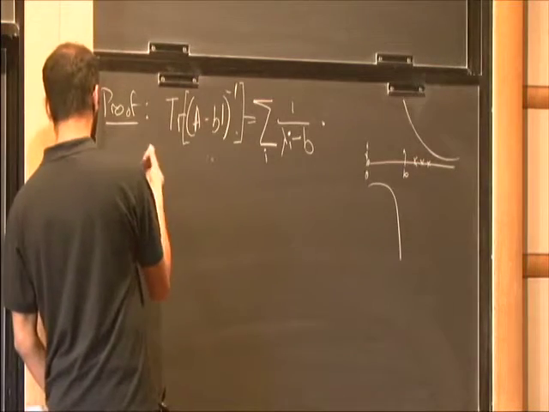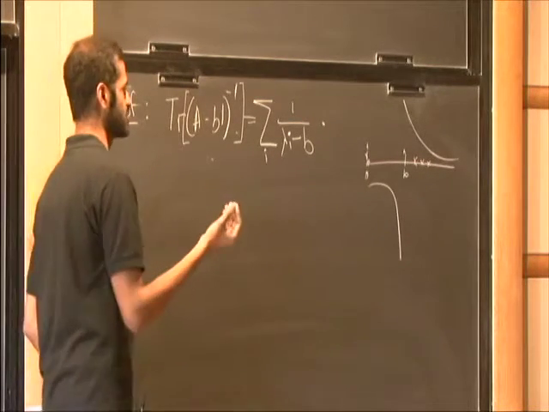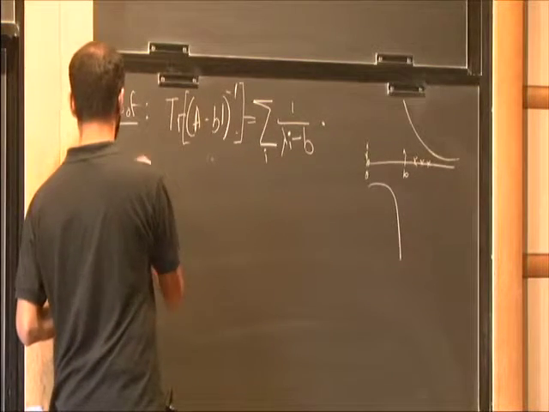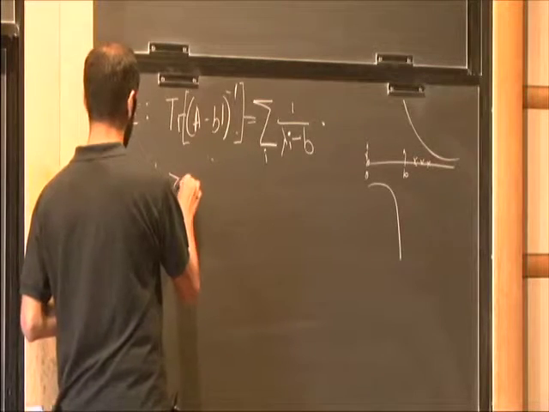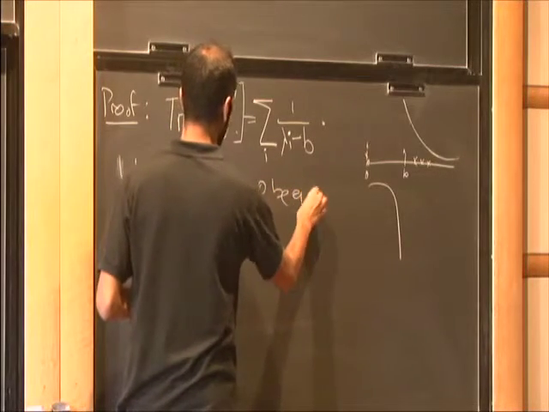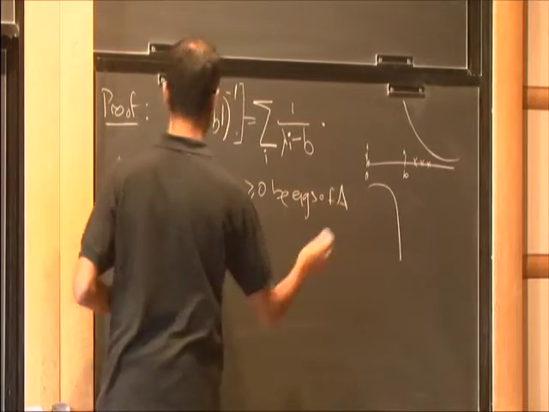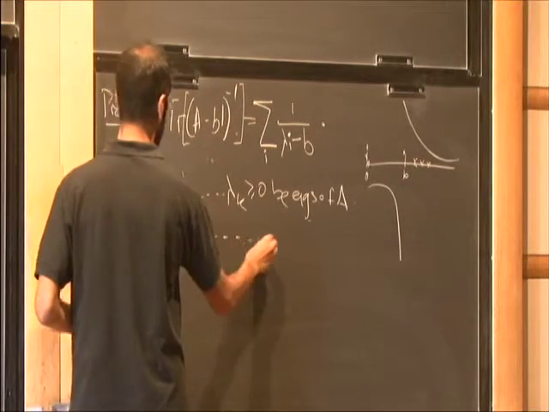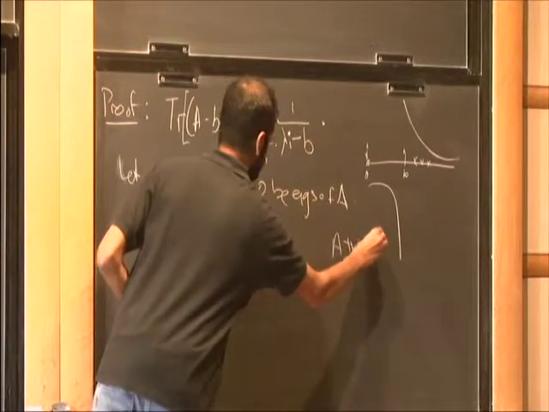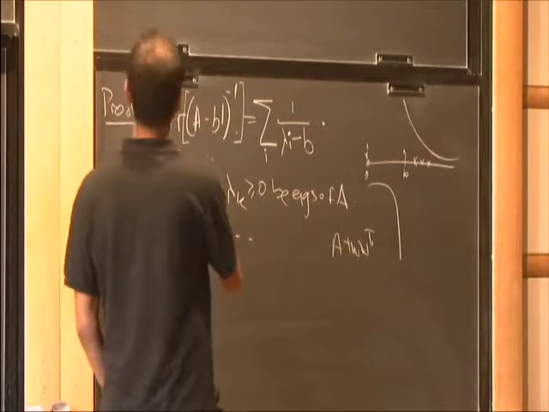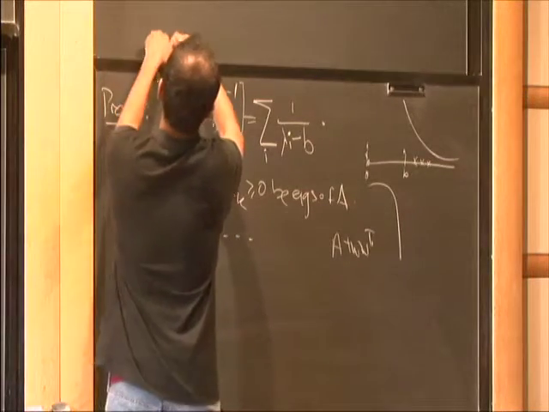Now there's this fact, which is fairly easy to show and well known. Let lambda 1 bigger than lambda 2, all the way to lambda k, bigger than B, be the eigenvalues of A, and let lambda 1 prime bigger than lambda 2 prime, etc., be the eigenvalues of A plus W W transpose.